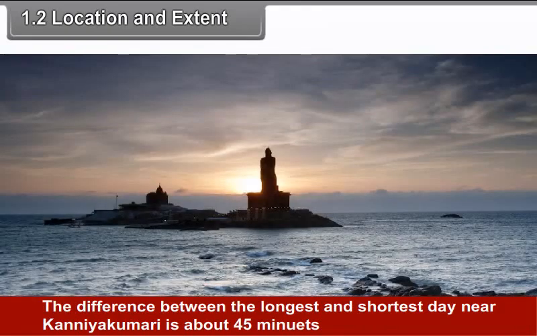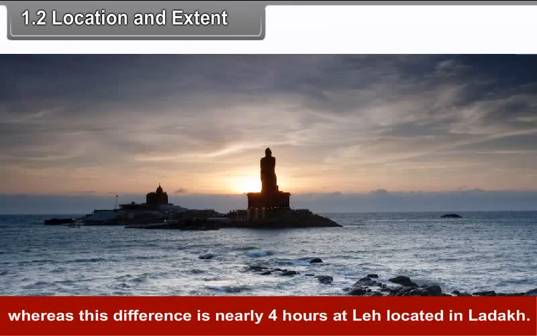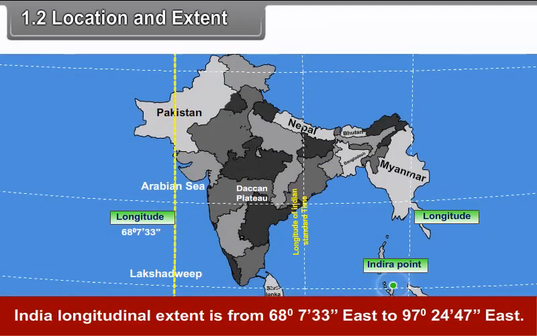Latitudinal extent has an impact on rainfall, temperature, and duration of days and nights. The difference between the longest and shortest day near Kanyakumari is about 45 minutes, whereas the difference is nearly 4 hours at Leh located in Ladakh.